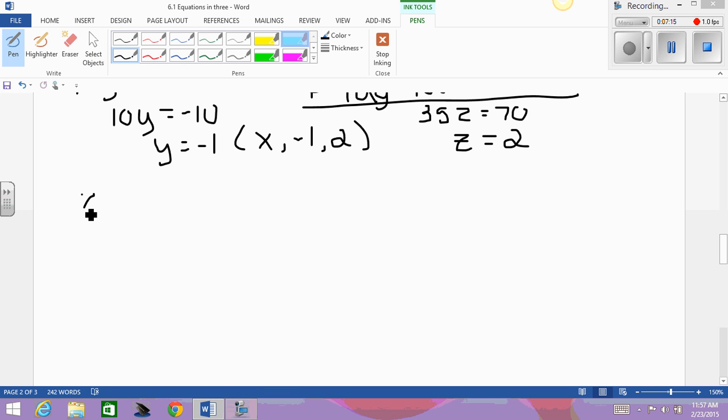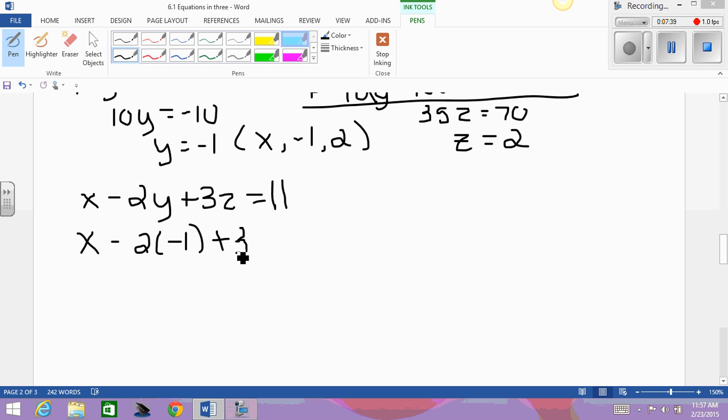That first equation was x minus 2y plus 3z equals 11. And the reason I use that one is because the other two had coefficients in front of the x. This one doesn't. Just makes it a little bit easier. So x minus 2 times -1 plus 3 times 2 equals 11.